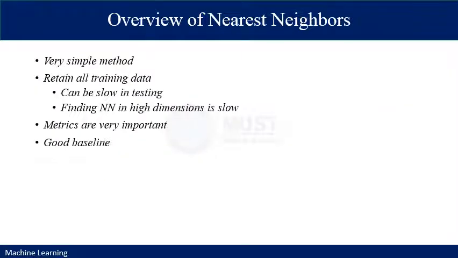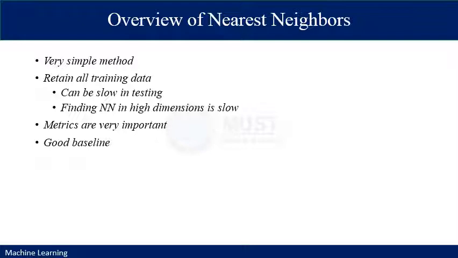So this concludes the discussion of the nearest neighbors algorithm, and we found out that the algorithm is very simple to employ. However, there is a problem that it retains all the training data in memory, and it can be slow in testing because of the number of calculations for each training example.